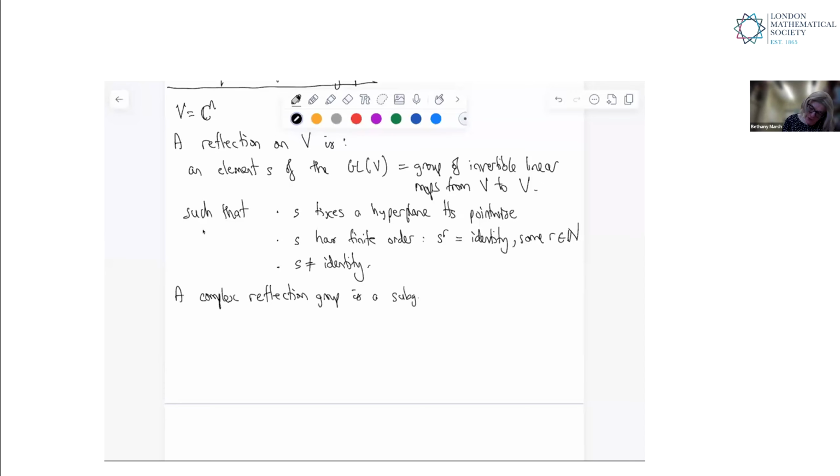So all possible products of reflections. As Francesca mentioned, the actual elements of the group needn't be reflections themselves. They could even be rotations in the Euclidean case. So the same kind of thing is happening here.